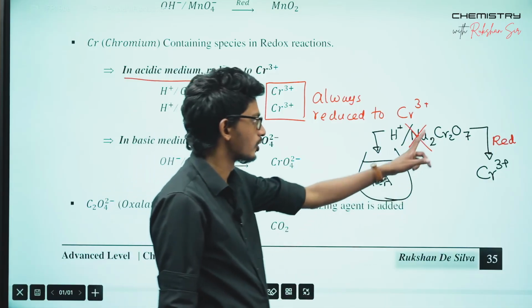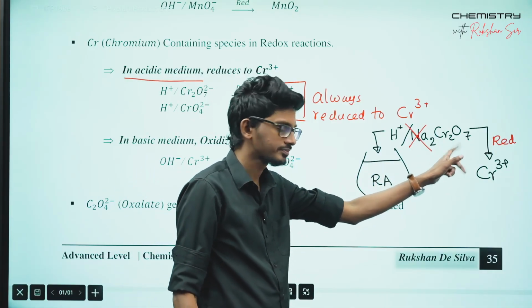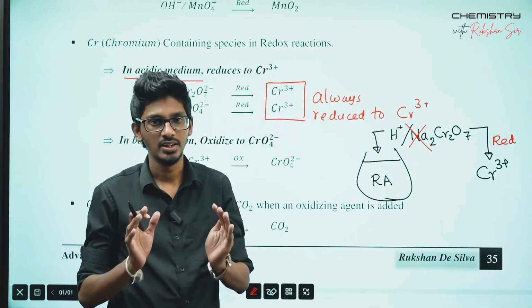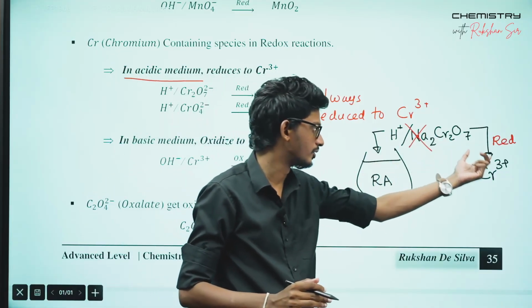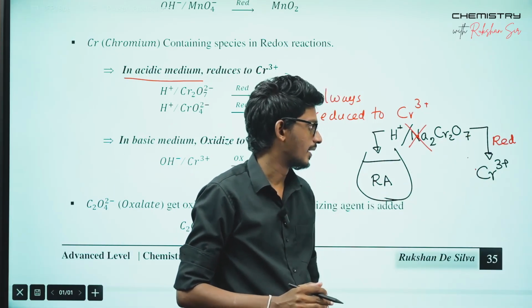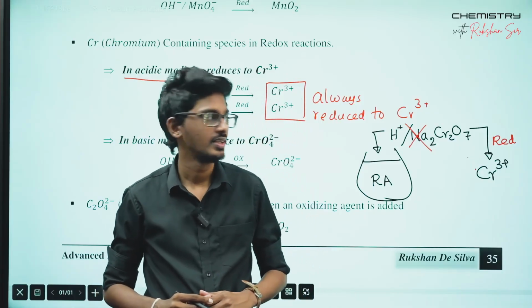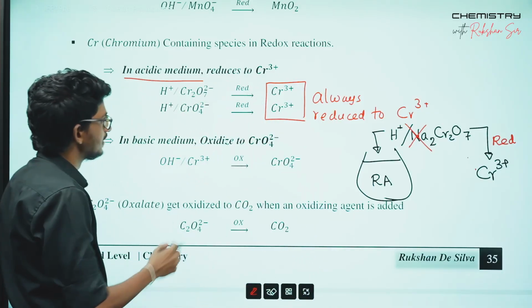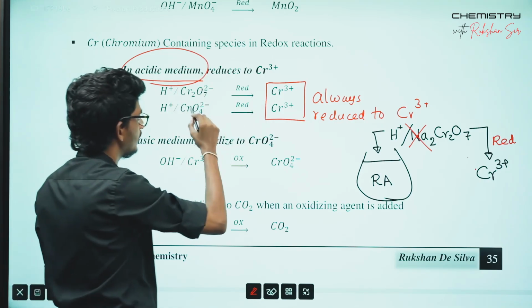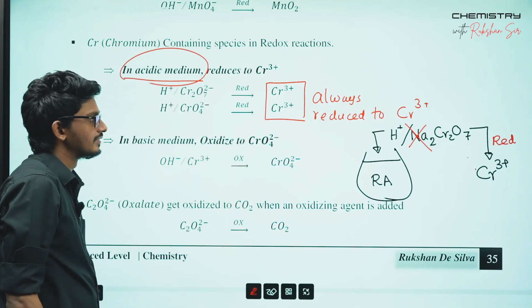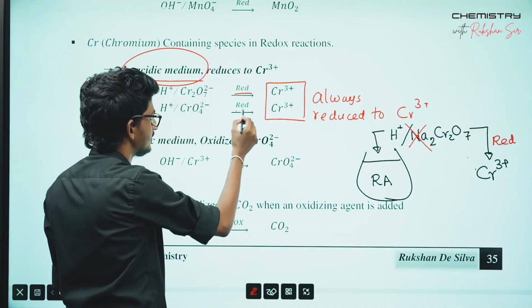It could be either the dichromate ion or the chromate ion. Anyway, if it is reacting in an acidic medium, chromium containing species always come up as Cr3+, a kind of reduction occurring there.